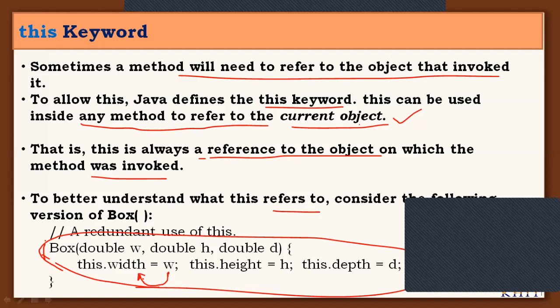Here this.width is used. It means that when the constructor is invoked and the object is created, this points to the current object, and that object's values are initialized by w, h and d.